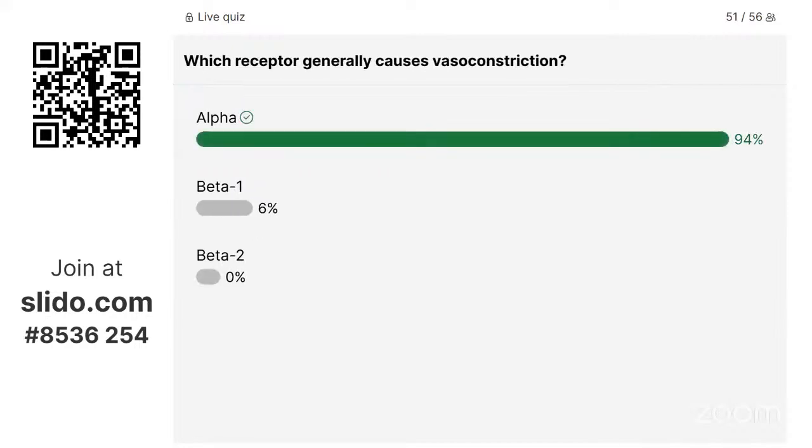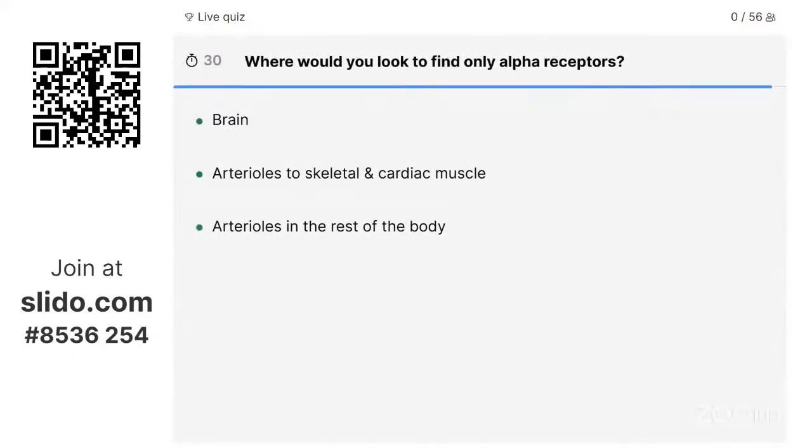All right. Yeah. Beta 2 receptors for dilating, alpha receptors, particularly alpha 1 receptors, for vasoconstriction. So where are we going to look for those if we want to find a cell that only really has the alpha receptors and no beta 2 receptors on them?